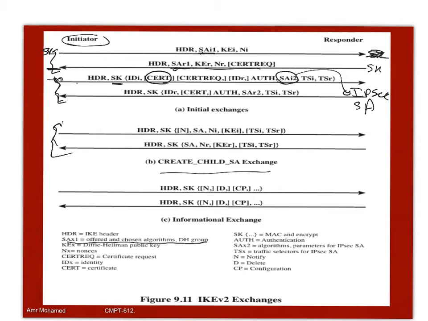But this is important for communication management. If you want to send some configuration messages, delete messages, notify messages, things like that, then you establish what we call a child security association, and then you can use this security association to send configuration and notification messages. Part of this is where you send error messages.